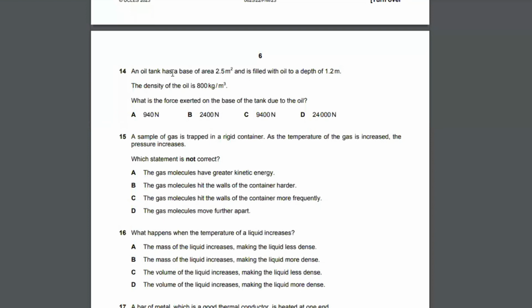Next is, an oil tank has a base of area 2.5 meter square, and is filled with oil to the depth of 1.2 meters. And the density of oil is given. What is the force exerted on the base of the tank due to the oil? Now, first of all, we will find pressure because pressure is force per unit area.